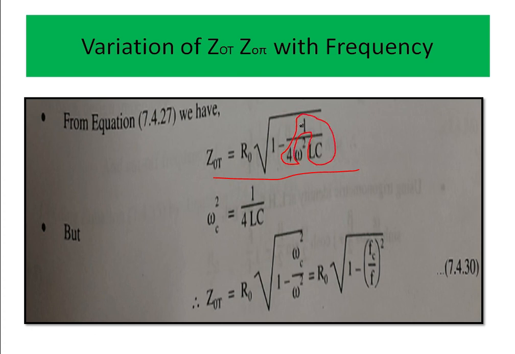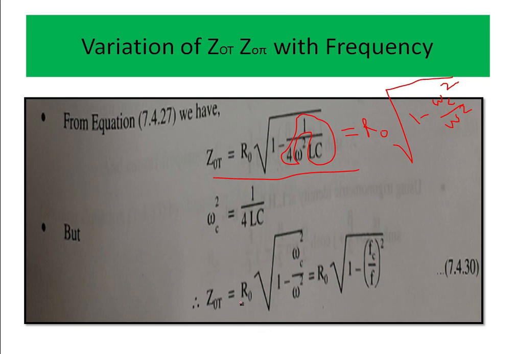This parameter will be represented again here: R0 square root of 1 minus, where 1 upon 4 LC is equal to omega c square, so omega c bracket raised to square upon omega square. This is the omega square, and the equation will be the same.